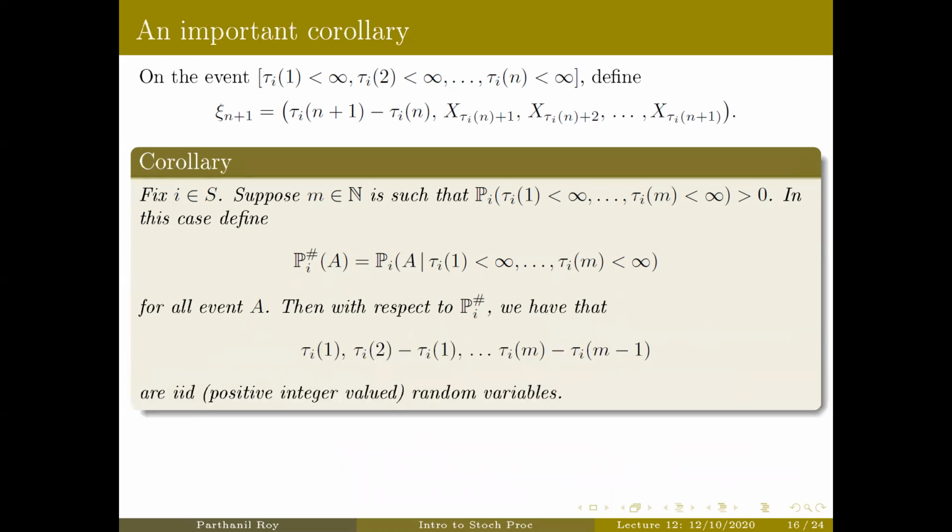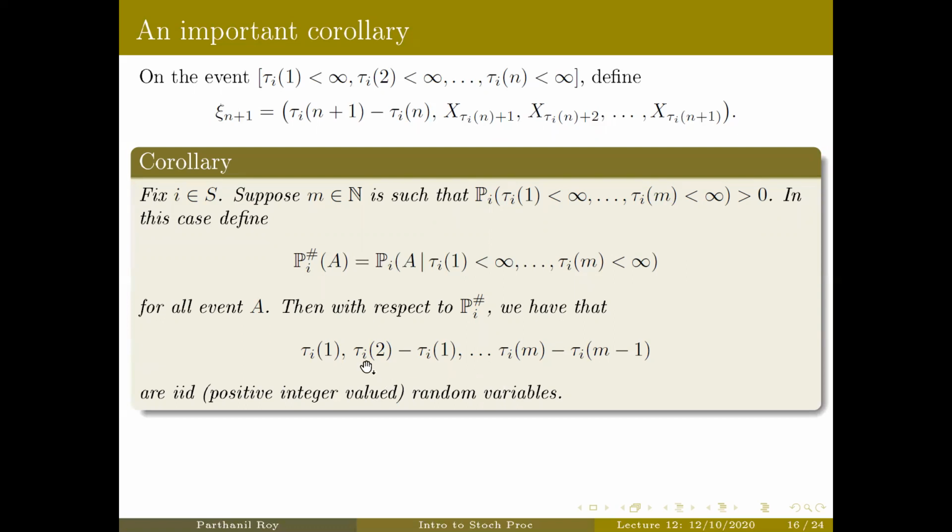And a very important corollary, therefore, is that in general, under pi hash, alpha 1, alpha 2 up to alpha m are IID random variables. So this is alpha 1, this is alpha 2, this is alpha m. These are IID random variables.